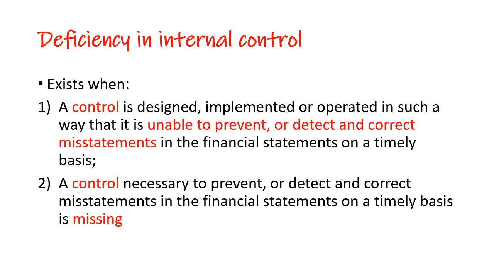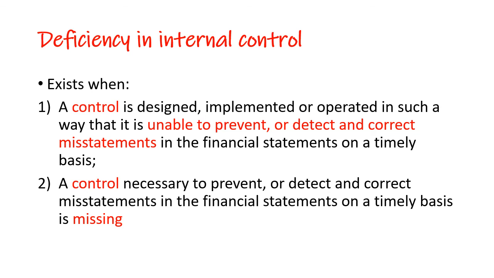So we can say that the internal control is deficient kung una, dili niya kayang i-prevent or i-detect or i-correct ang mga misstatements nga nahitabo na sa financial statements, or ang control mismo is wala. It is missing.